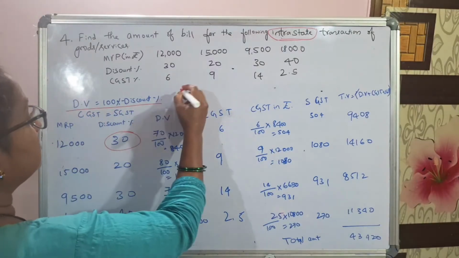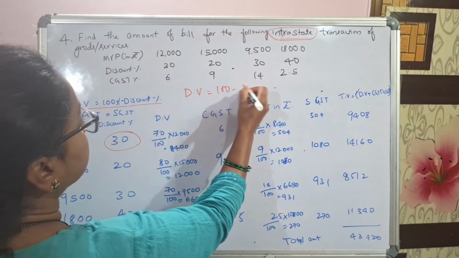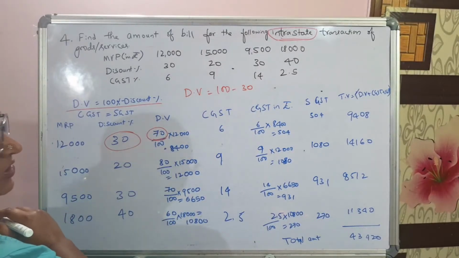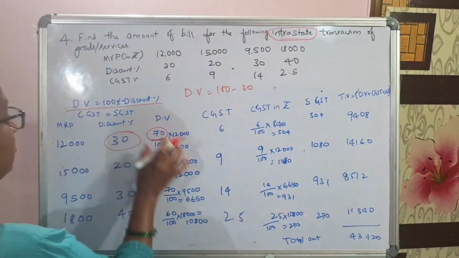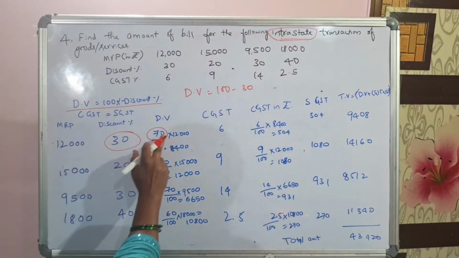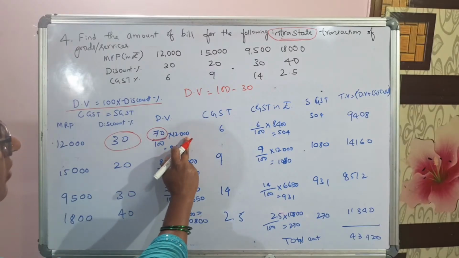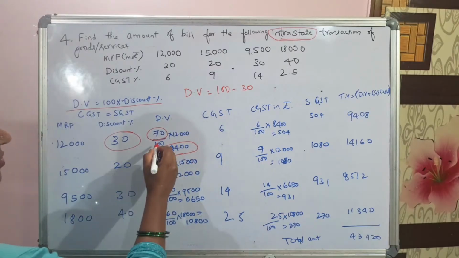That means discount value is equal to 100 minus 30, which is equal to 70. So discount value for 12,000 amount is 70 divided by 100 into 12,000, which is equal to 8,400.